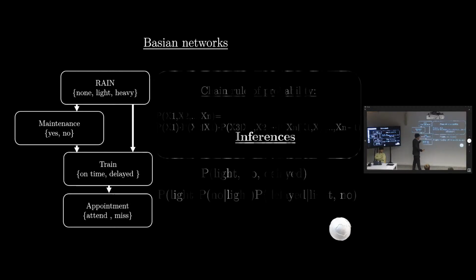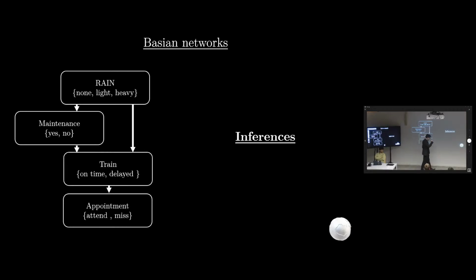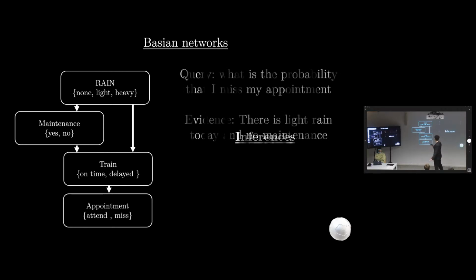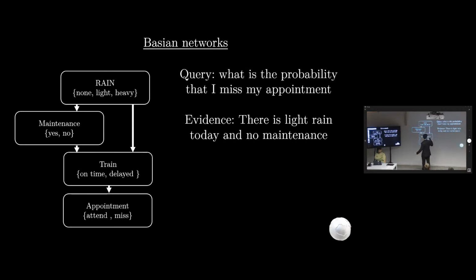Then that's when we start talking about inferences. Inference is basically the second part: I'm given a question and I'm given evidence, and I try to find the answer to the question given the evidence. For example, what is the probability that I miss my appointment?